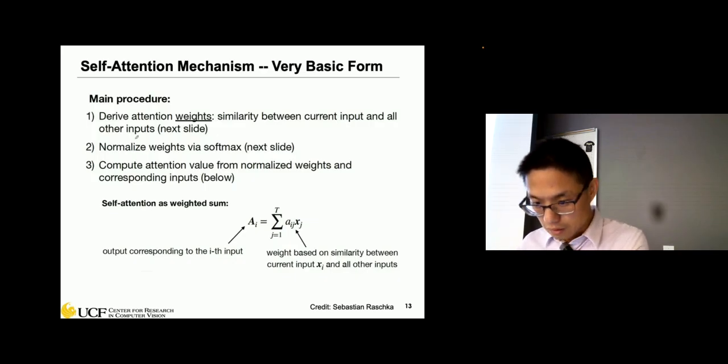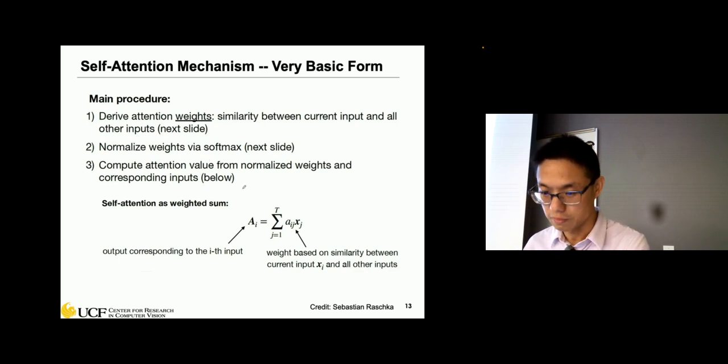We will look at how we can derive the basic attention weights, the similarity between the current input and other inputs, how we can normalize the weights, and how we can compute the attention values after we normalize the weights.